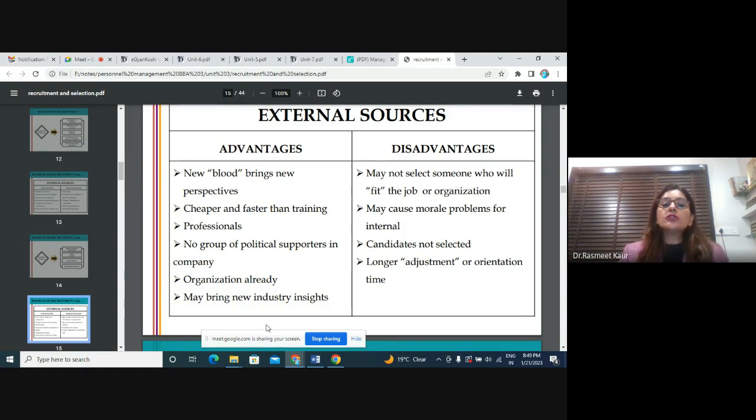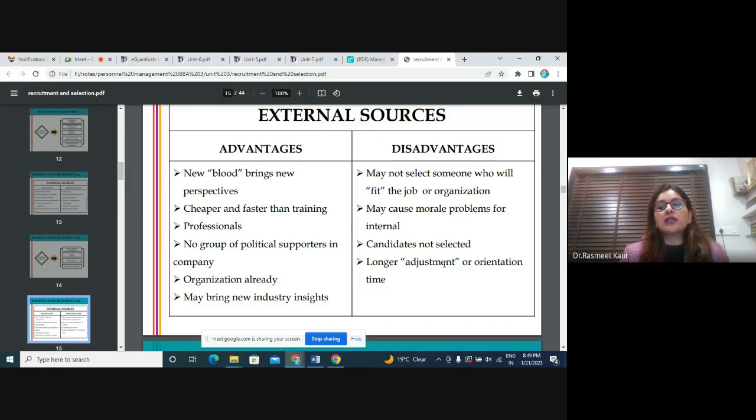It is also cheaper and faster than training. When we talk about internal source, as I just said, you have to spend money on training them. So many times, rather than spending money on training, management feels finding a person from an external source is cheaper. So these are the common advantages of external source.